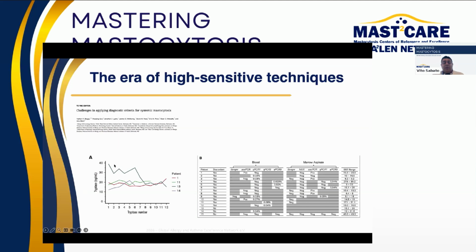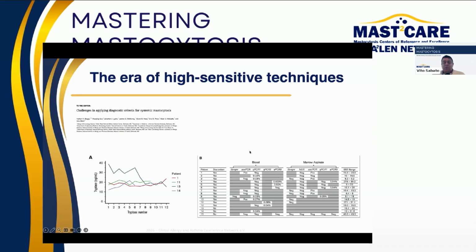So, for example, because of the variability of the tryptase, some patients, depending on the moment you take it, might have a tryptase below 20 nanogram per ml, which is one of the minor criteria. If you go to the KIT mutation, you might have some discordancy between blood and marrow aspirate.